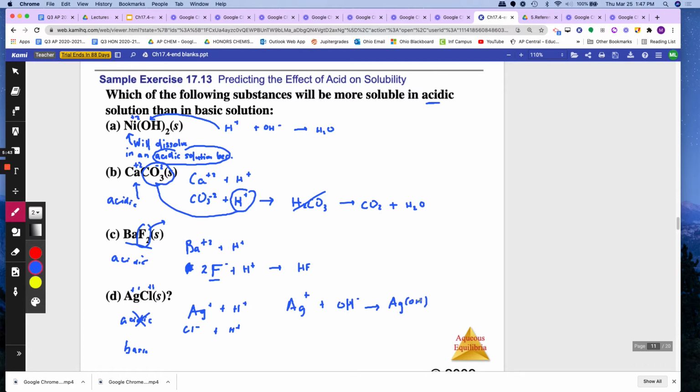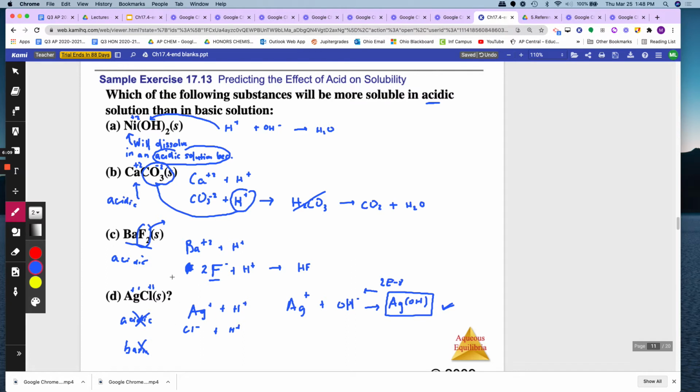It's plus 1 minus 1. So to go left, it'll happen at 2E negative 8. That's the equilibrium expression. So it's not going to want to form the liquid. It wants to make the solid. Yes, it wants to make a solid. But did you dissolve it? No, it's still a solid. So no, you did not increase the solubility of this. So that won't work either.